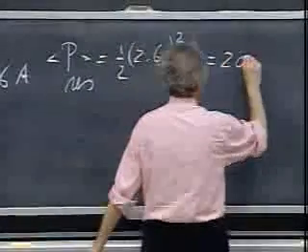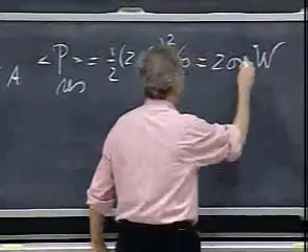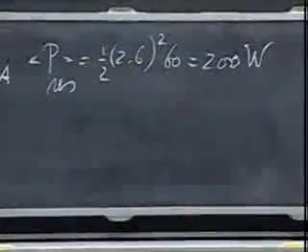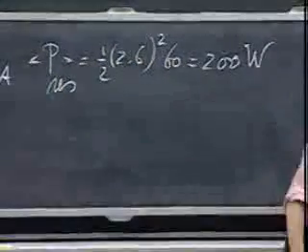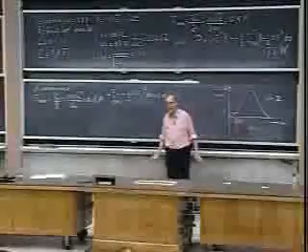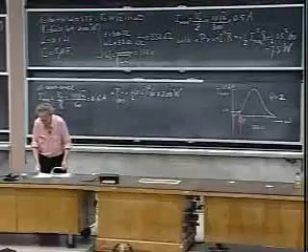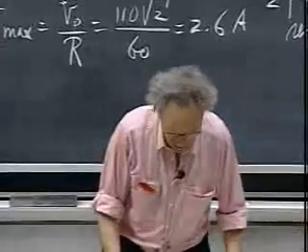And this is 200 watts. What a coincidence. That's the way we designed the experiment. So if we could be at resonance, the light bulb would be happy like a clam at high tide. It's exactly 200 watts. It wants 2.6 amperes. That's what it wants. Then it is a 200 watt light bulb. And so we want to make the light bulb happy.